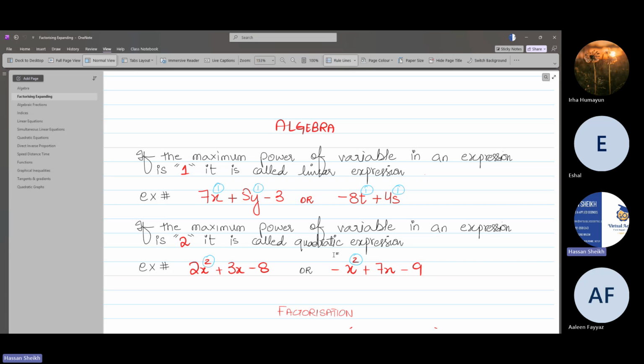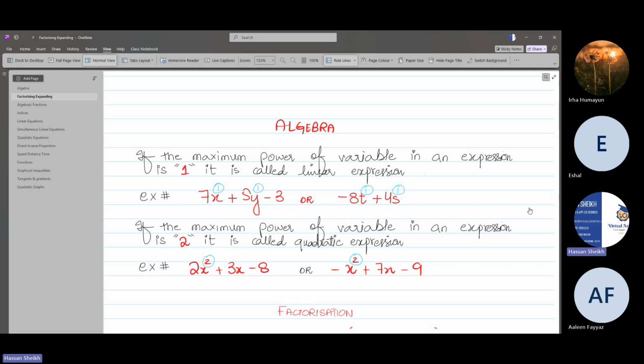So algebraic expressions are only simplified. You cannot solve an expression, but algebraic equations are meant to be solved. Equations are there so that we find the unknown variable involved in the equation.